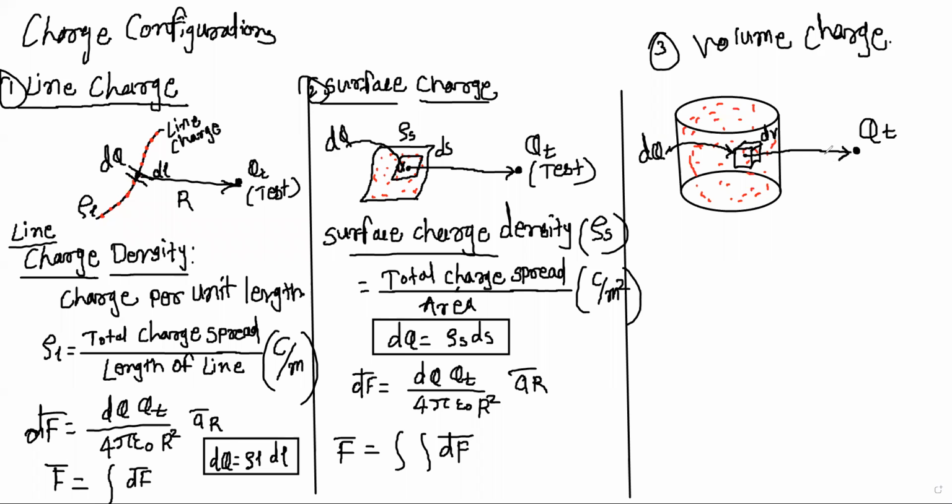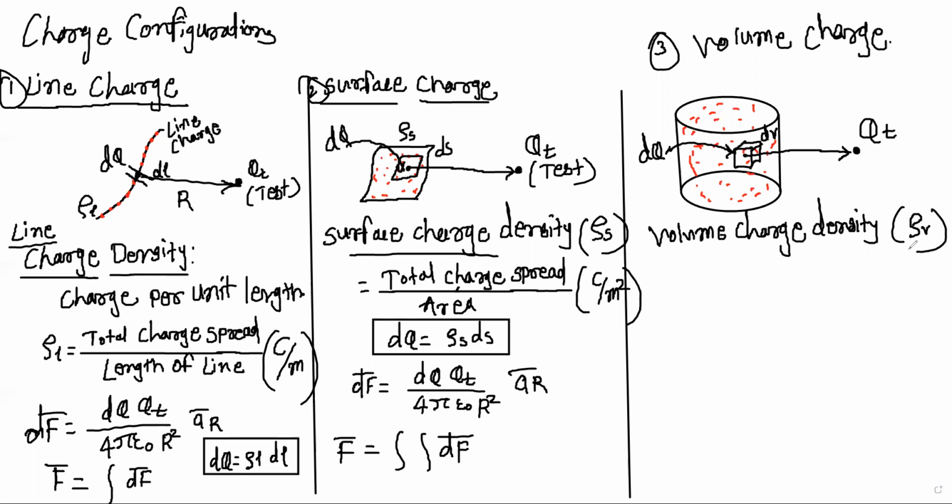So this way you can proceed further, but here also we are having another terminology called as a volume charge density. So what would be the notation? It would be rho v.